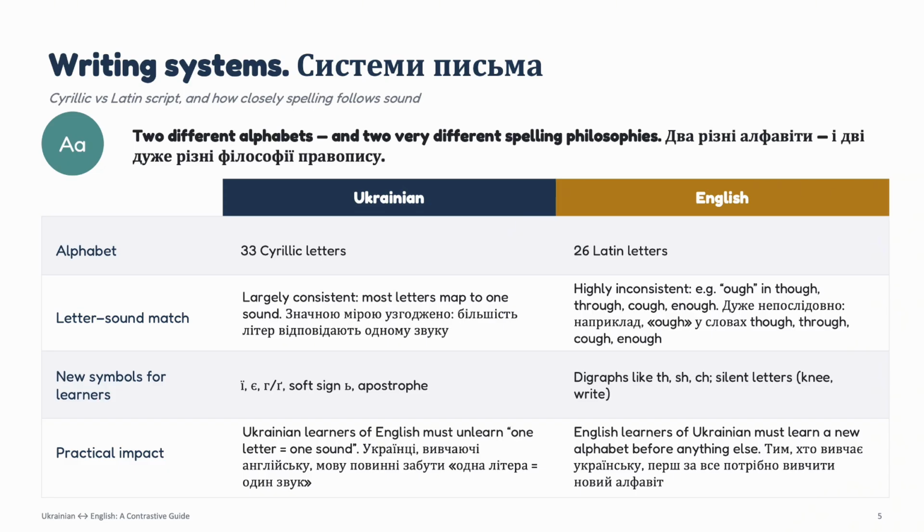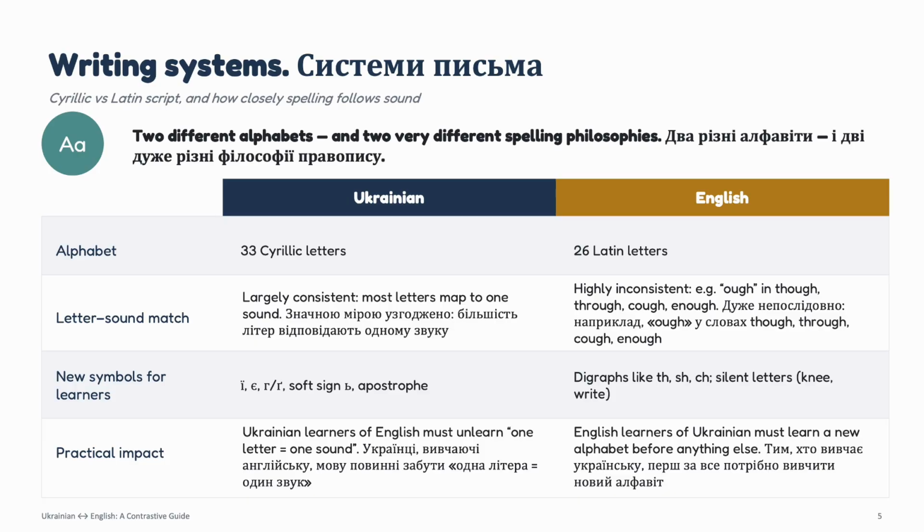English spelling is famously inconsistent. If we think about this OUGH in words like though, through, calf, enough, four completely different sounds from the same four letters. For a Ukrainian learner of English, that means unlearning the instinct that one letter always equals one sound.